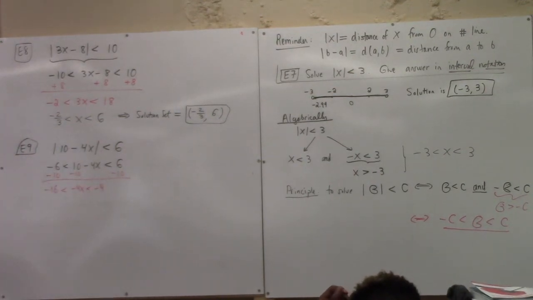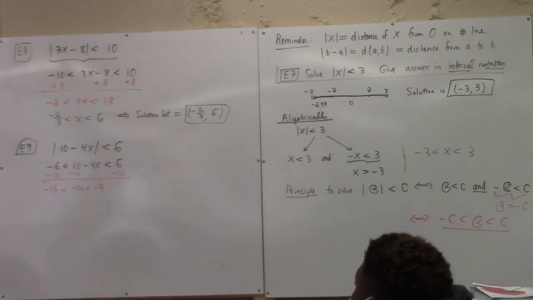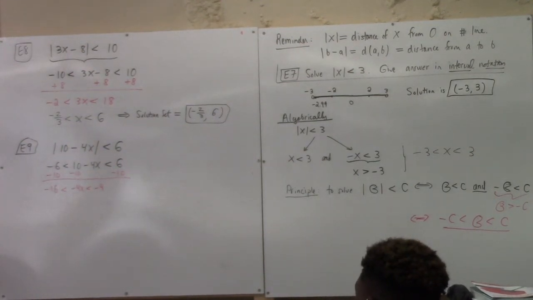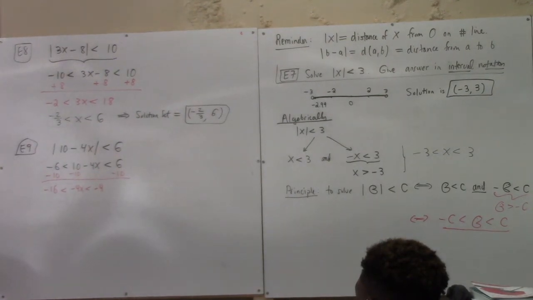Now what do I want to do? I want to isolate x, right? Divide by 4. But I got a minus 4. So right idea, let's just make it a minus 4.